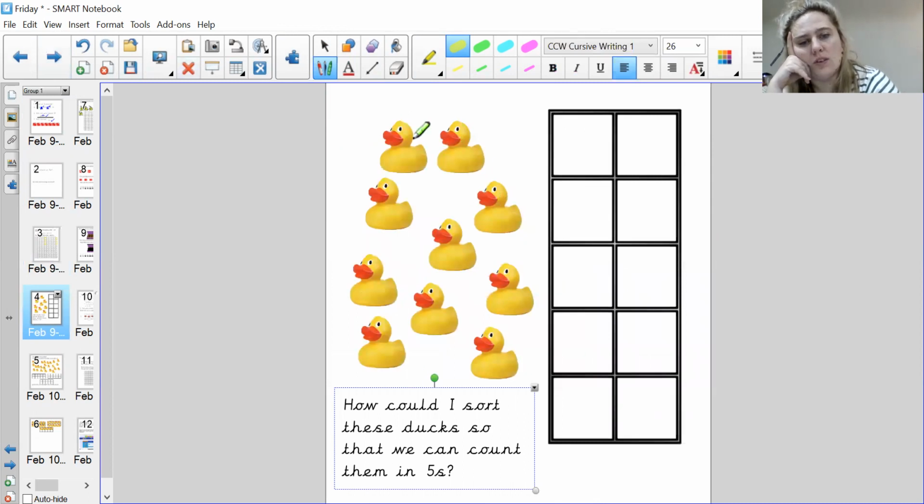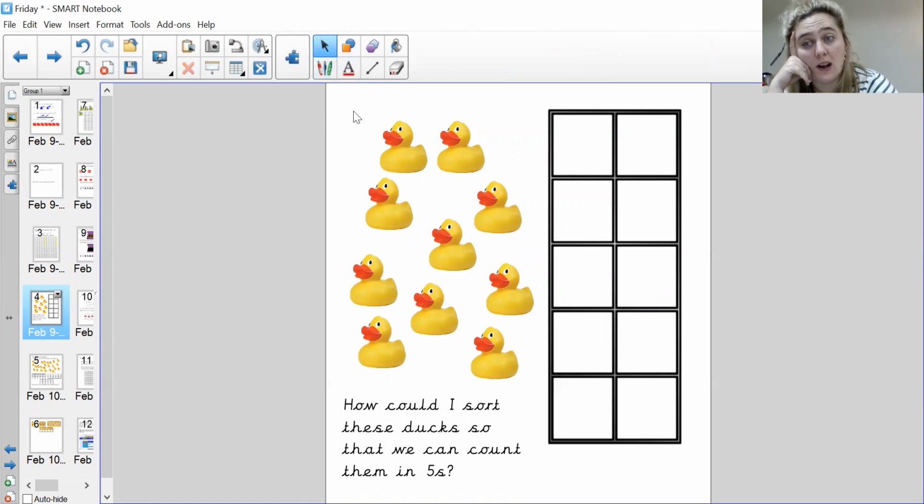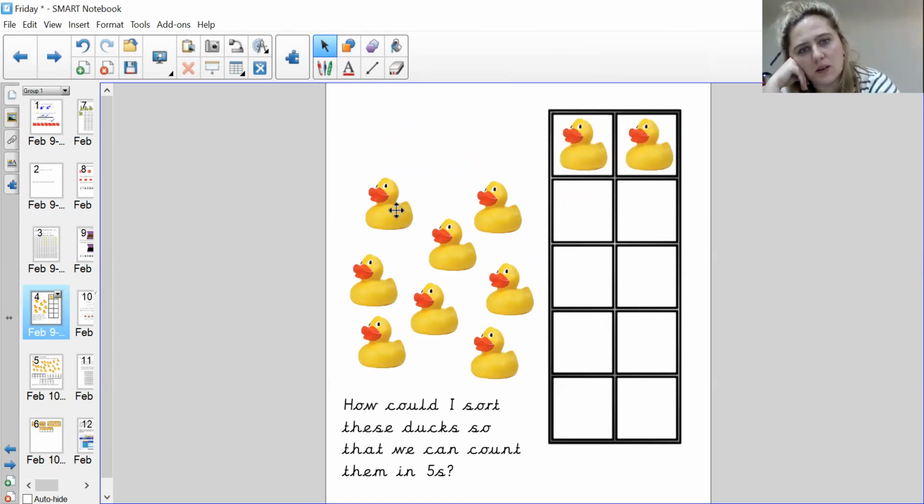How could I sort these ducks so that we can count them in 5s? Well, I think you're right again that this is a clue. But I wonder how it works. Let's put them in there and find out.